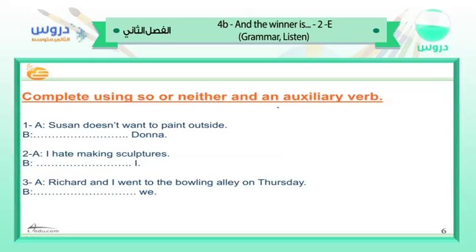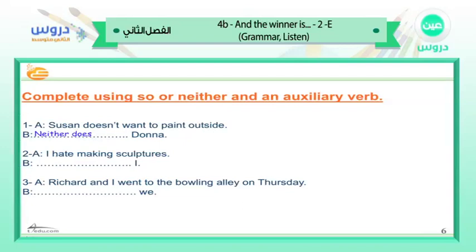And what is the auxiliary verb? Please think carefully. The answer is, of course, neither does Donna. We use neither because it's a negative statement, then the auxiliary verb is does. Affirmative auxiliary verb, does.